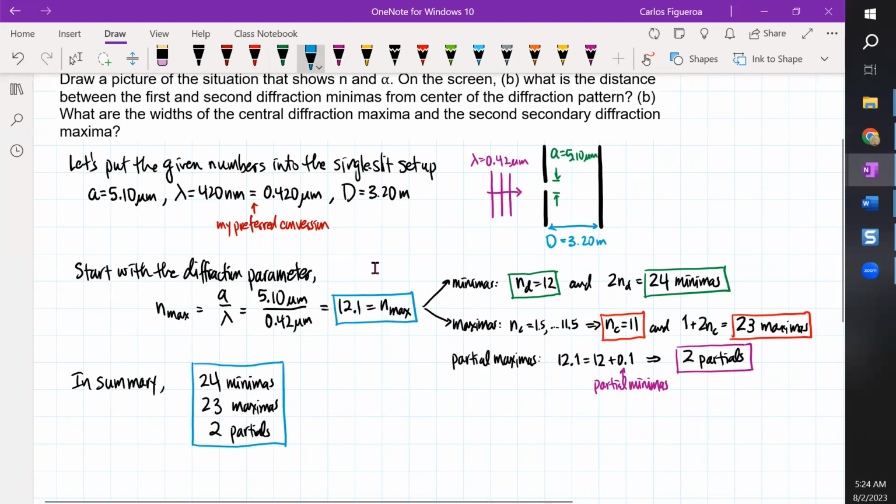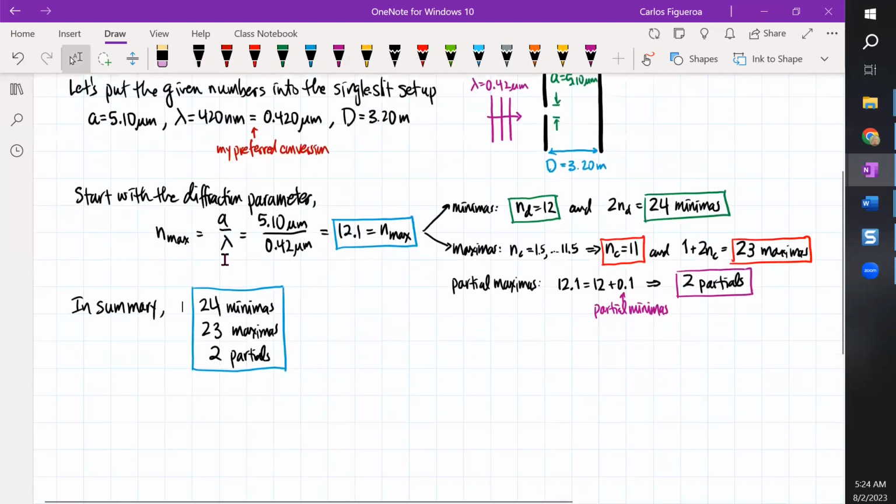So now, before we plot the intensity, they asked us to look at the phase factor. Now, the phase factor is by far my number one way to identify where you're at in the diffraction pattern.